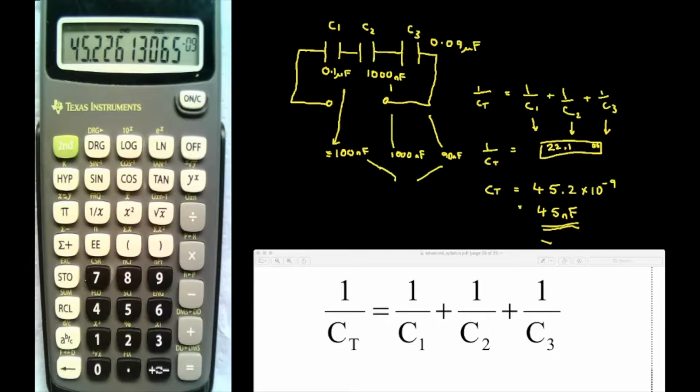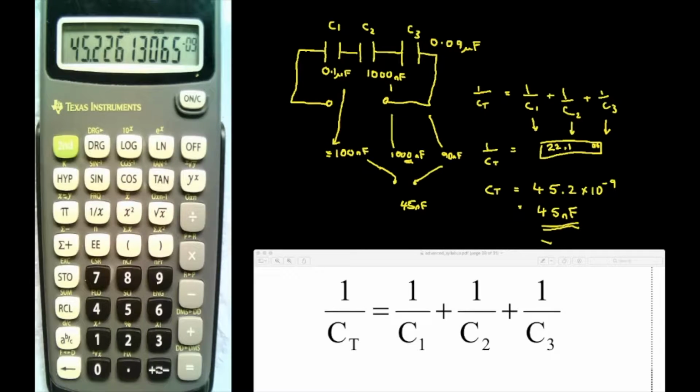If those were the only two that I had, then I would get a value of half of the lowest, and that's about 45 nanofarad. And because this value is so much greater than the others, it isn't really affecting the calculation. So again, don't worry about that too much, but that is a way of getting a sanity check to make absolutely sure that you're right and we don't just blindly rely on the calculator. It's a way of estimating what the result is likely to be.